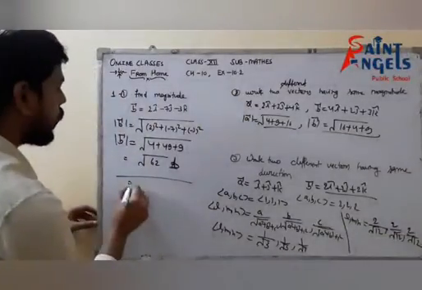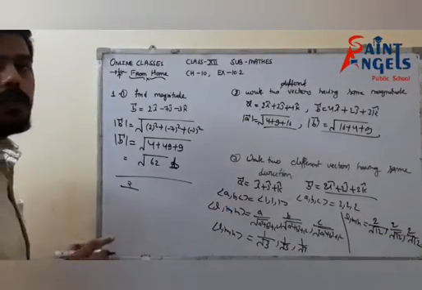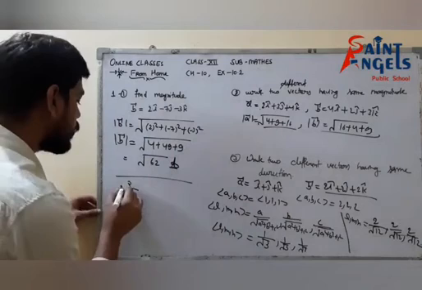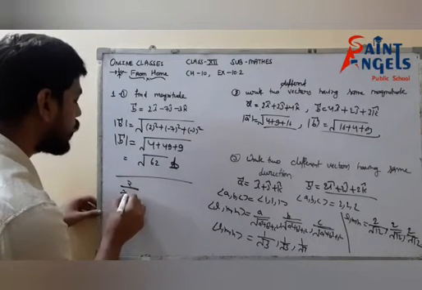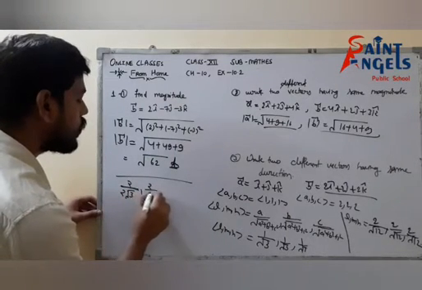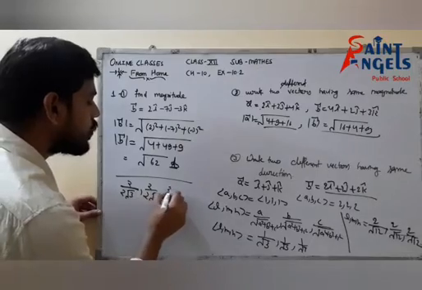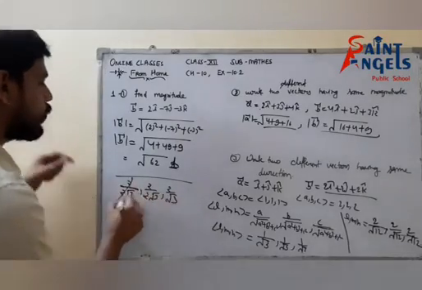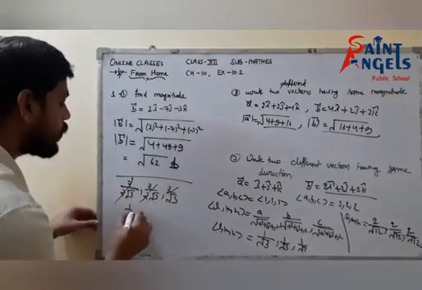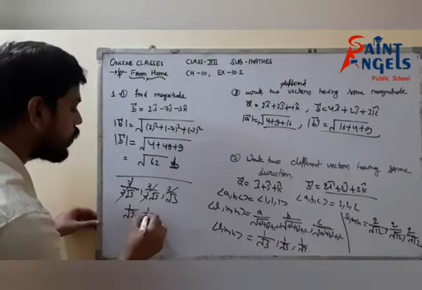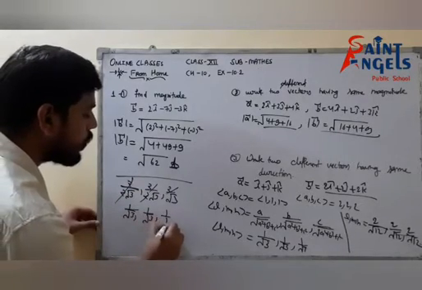So 2 upon under root 12 would be 2 upon 2 under root 3, since 12 is 4 into 3. So 2 will be cancelled out. The direction cosines of that vector would be 1 upon under root 3, 1 upon under root 3, 1 upon under root 3.